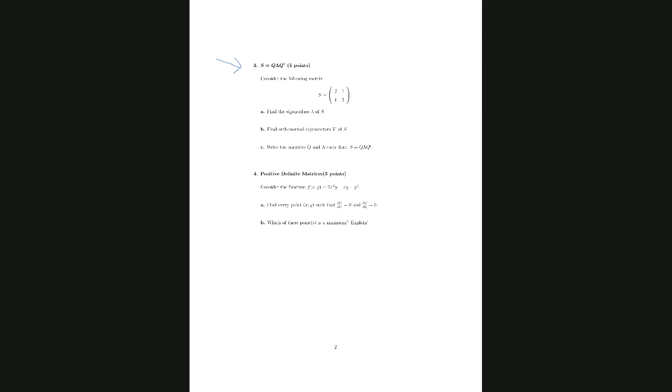Here I'm providing a small, beautiful matrix, which is symmetric, so we can apply the spectral factorization. We need to compute the eigenvalues and the eigenvectors, and write S as a factorization using the spectral factorization. The last question is a kind of minimization problem.